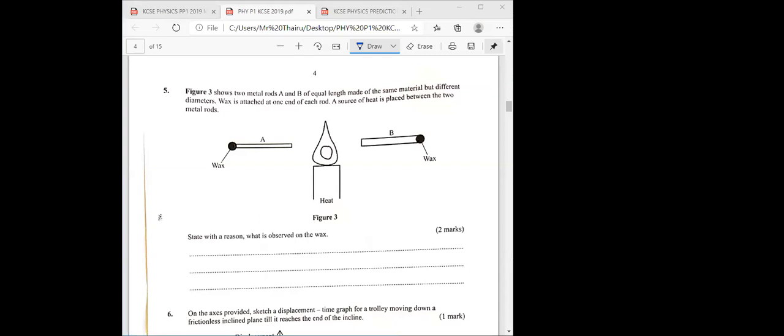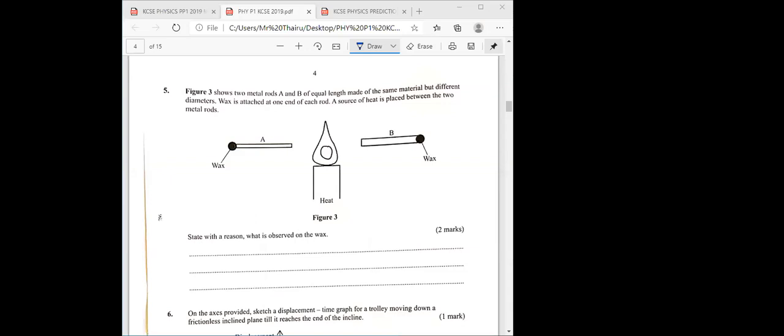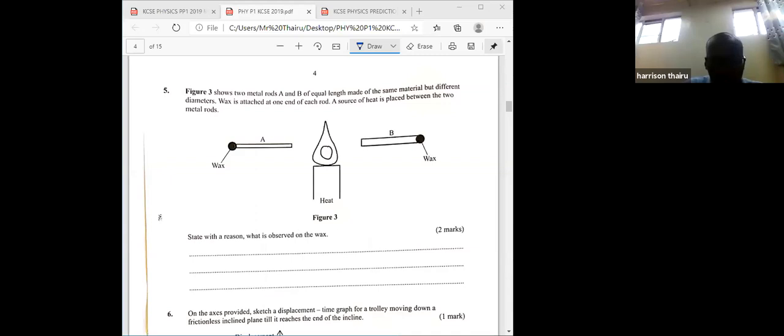Maurice Rodgers? The wax on B will fall. The wax on B falls fast before A. That is the first mark. Reason? This is because B has a larger cross-sectional area than A, thus it will get heated first. Through which mode? The mode of heat, we must talk about it.